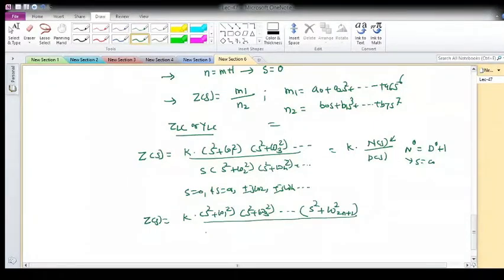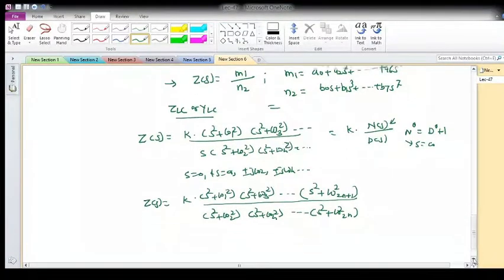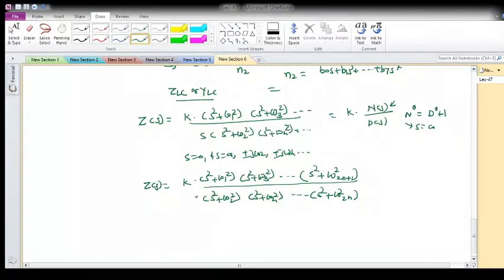In the denominator it will be s squared plus omega 2 squared, s squared plus omega 4 squared, like this, up to s squared plus omega 2n squared. This is odd, so it will be s times that. So the poles will be at s equal to 0 first, second at s equal to infinity, and third, simple poles at plus minus j omega 2, plus minus j omega 4, etc.